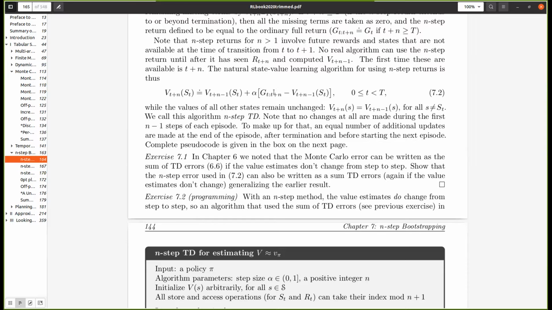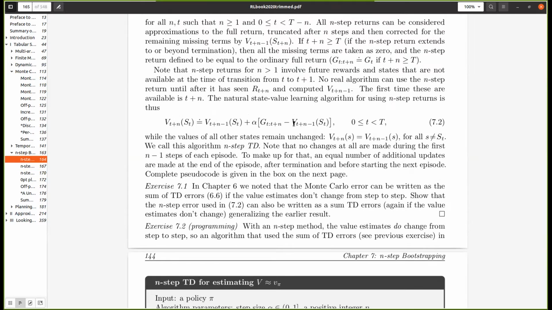We use this return minus our current estimate for the value of state t, right? In this way, it's very similar to what we saw before, but the way we compute this value of expected return is a bit different, right?